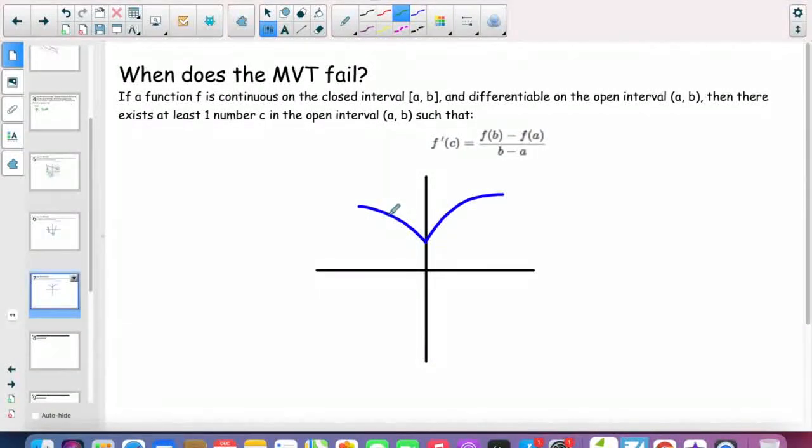For this function, on the closed interval AB, if that's A and that's B, it looks like the function is continuous, but right here it looks like we've got a sharp curve.